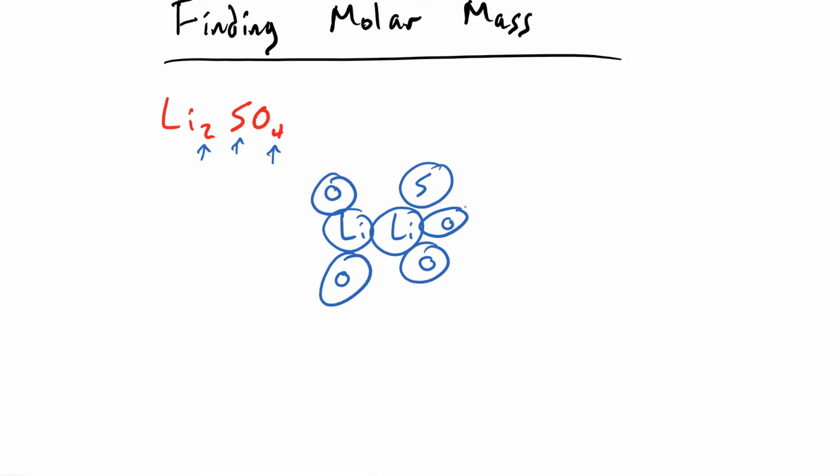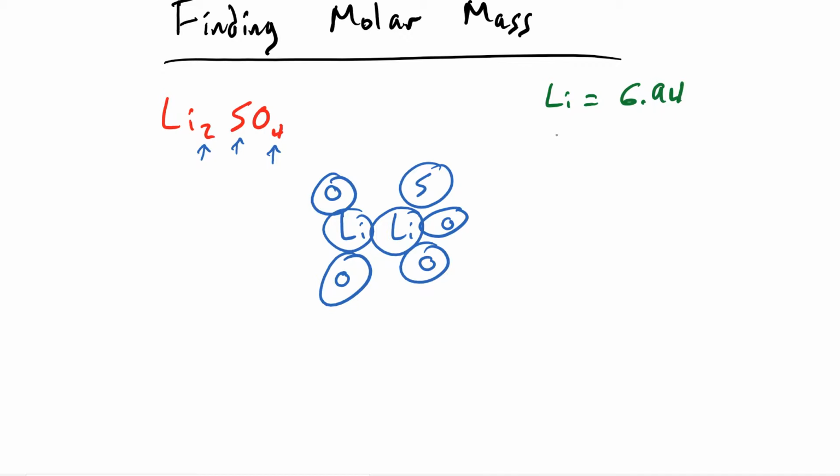I want to figure out how much this whole thing weighs, or rather, what is its total mass. So in order to do that, I have to figure out the mass of each individual piece. And here's how I do that. We know that I've got 2 lithiums. And if you look at the periodic table of elements, one lithium has a mass of 6.94 grams per mole.